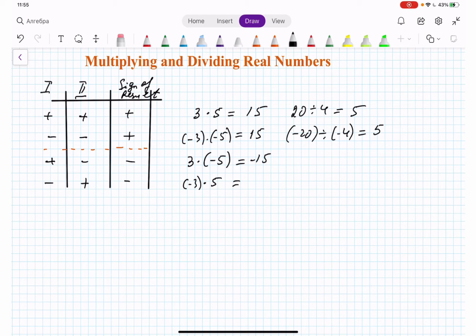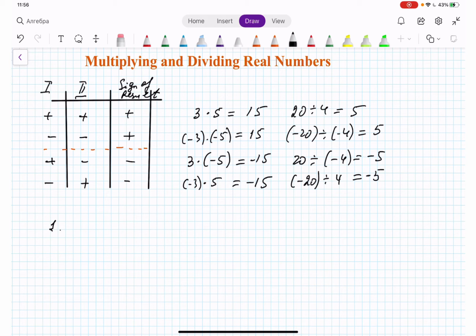There is no question in there. Same thing about division. Positive 20 divided by negative 4, result is going to be negative 5. And negative 20 divided by positive 4, result is negative 5. Okay? Said that, let's start solving problems.